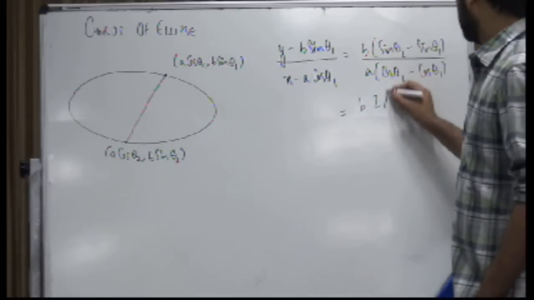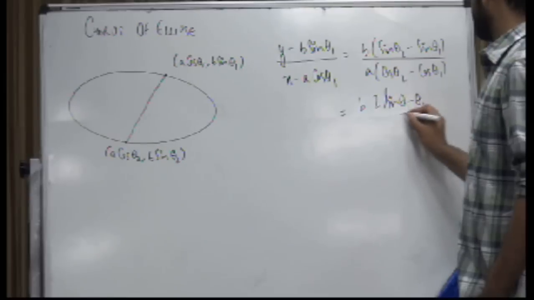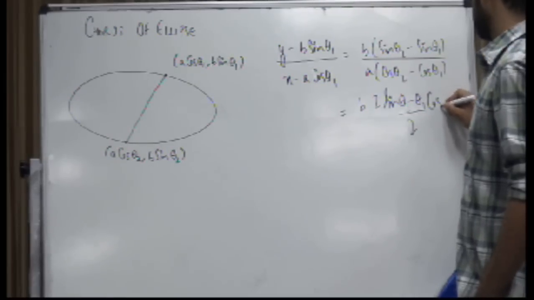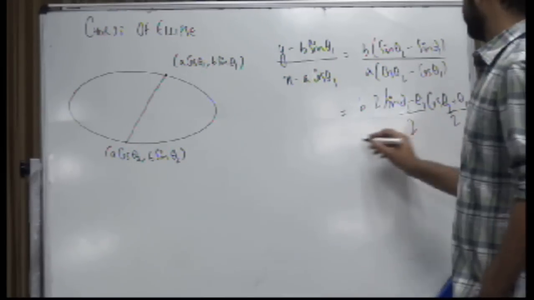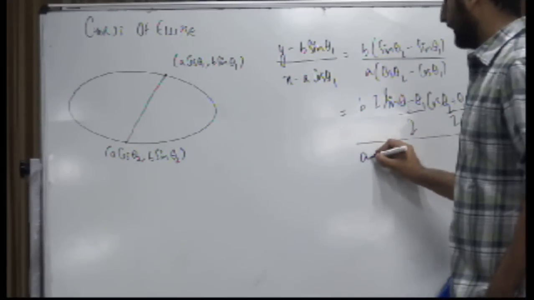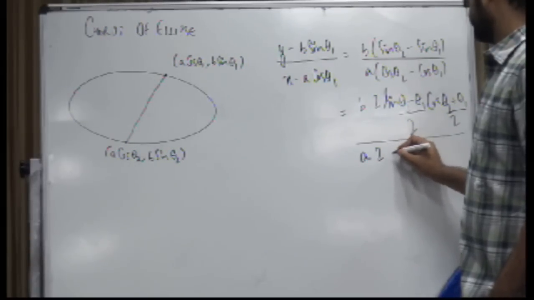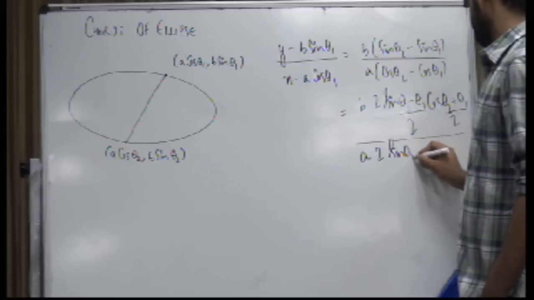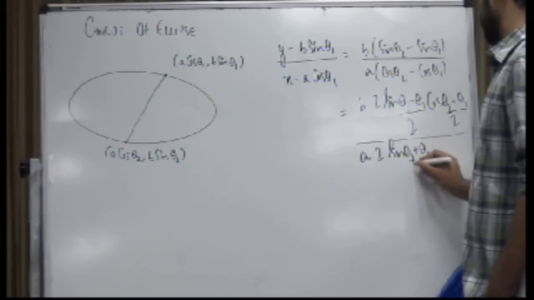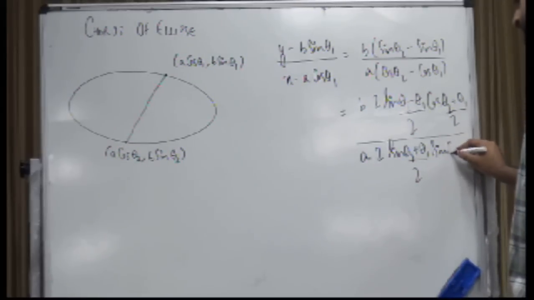So the numerator becomes 2 sin((theta 2 minus theta 1)/2) cos((theta 2 plus theta 1)/2), divided by a times the denominator, which is 2 sin((theta 2 plus theta 1)/2) sin((theta 1 minus theta 2)/2).